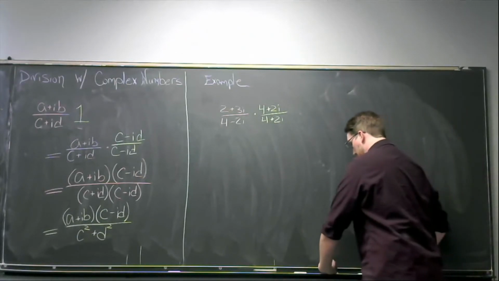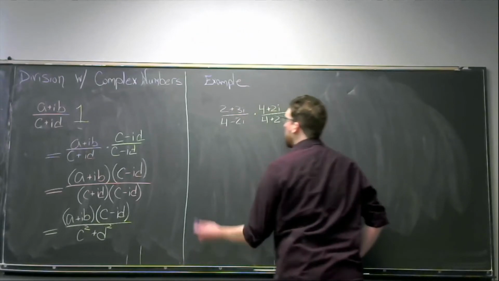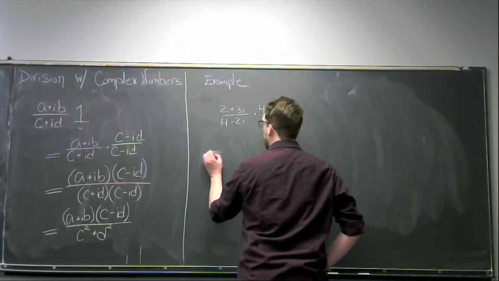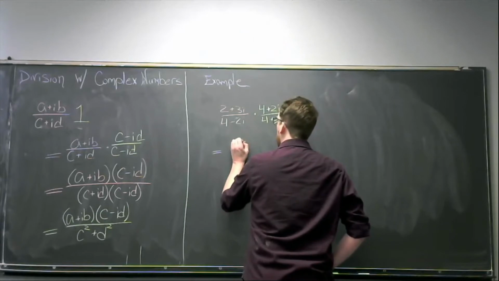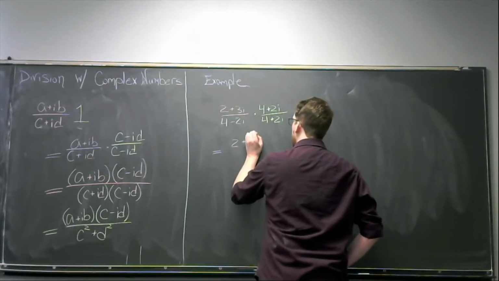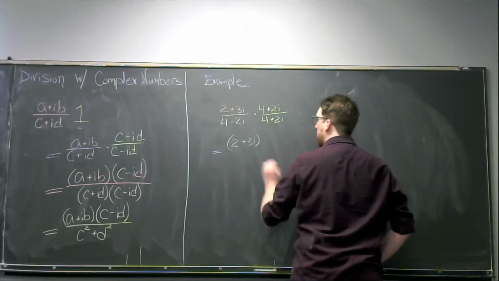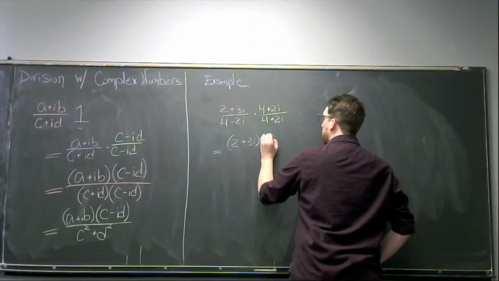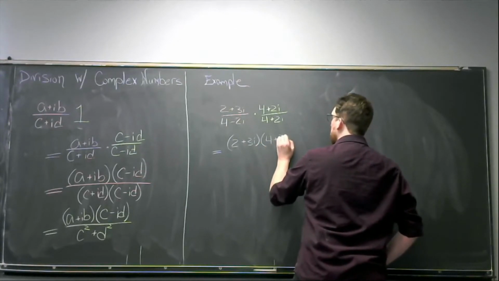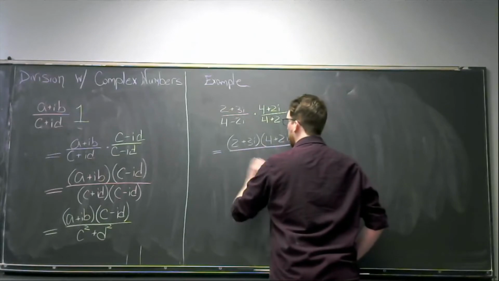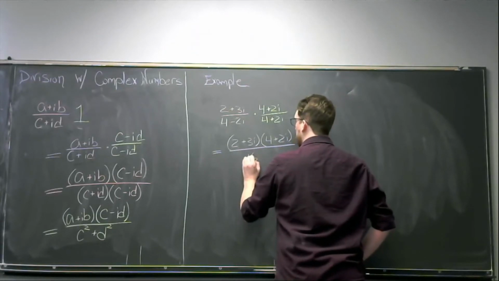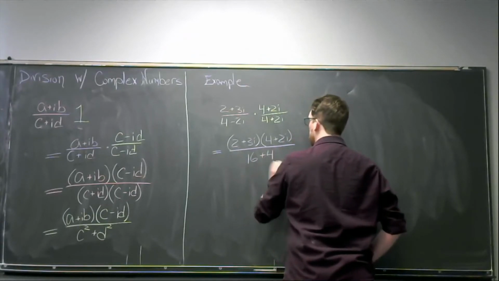Okay. Well, that means this is going to come out to be 2 plus 3i, that quantity times 4 plus 2i over 16 plus 4.